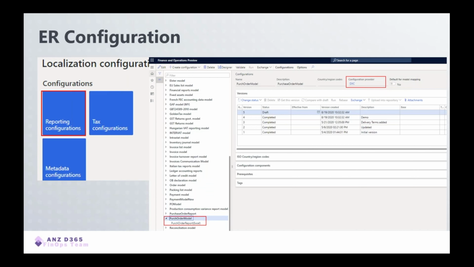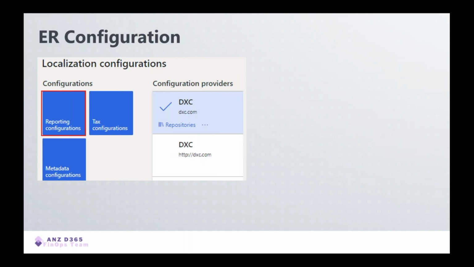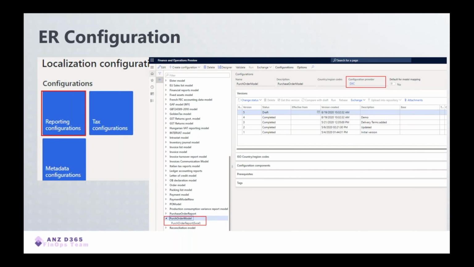So in electronic reporting configuration, once we have defined the configuration provider, we will go into the reporting configuration in order to start configuring your report. Today I will be talking about how to build a basic report of purchase order.